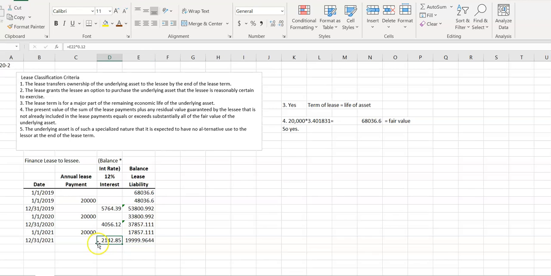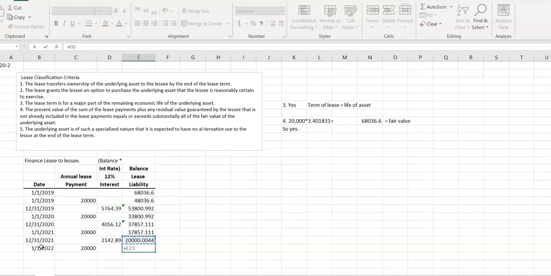Okay, so my interest needs to be a little bit more. Maybe more cents. And then 1/1/2022, I make my final $20,000 payment, and it comes off my balance, and I'm done.